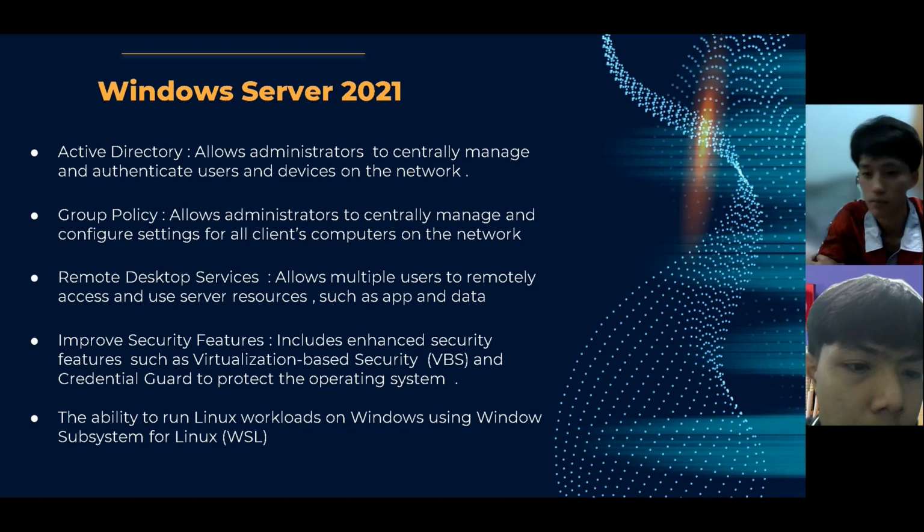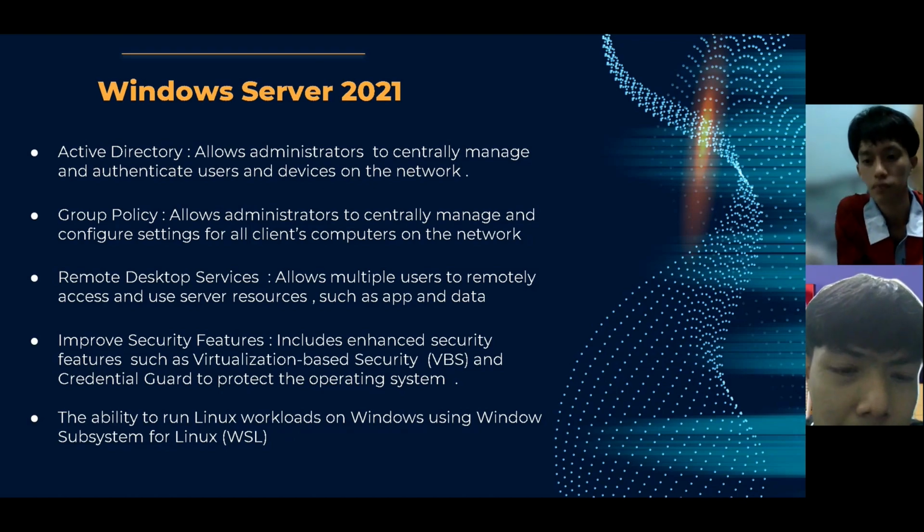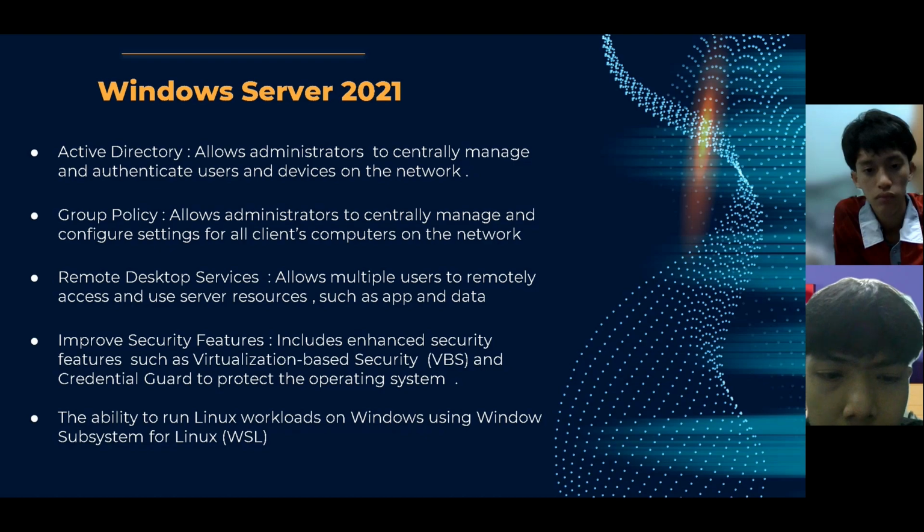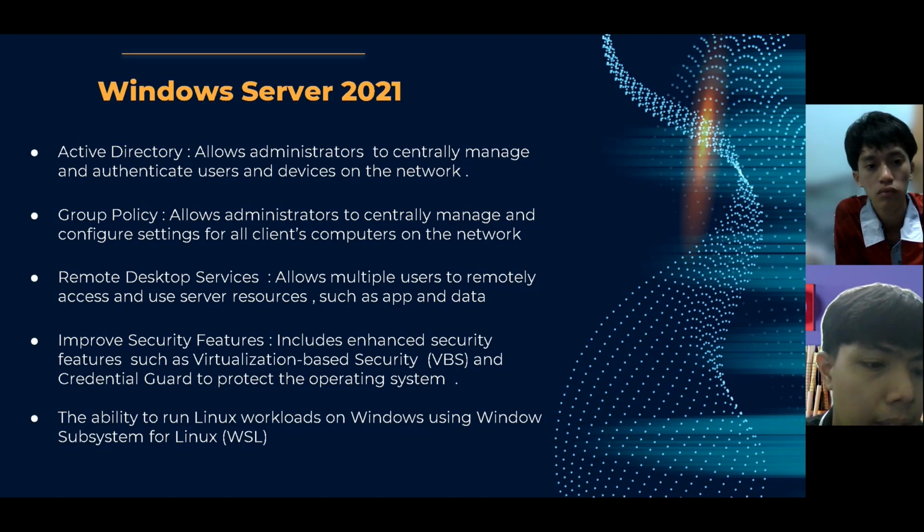Secondly, it has built-in group policies, which allow administrators to centrally manage and configure settings for all clients' computers on the network. Thirdly, it has built-in remote desktop services, whose function is to allow multiple users to remotely access and use server resources such as apps and their data.